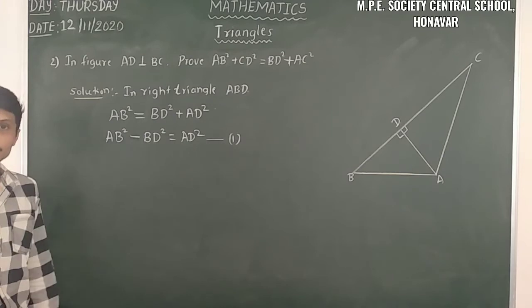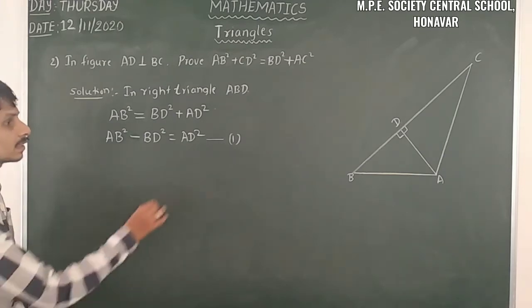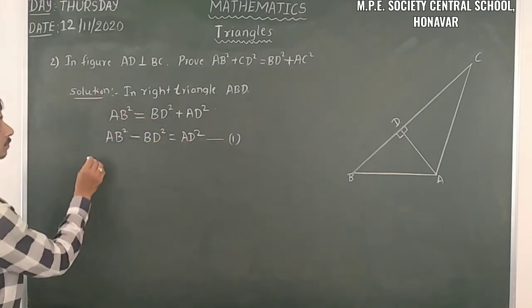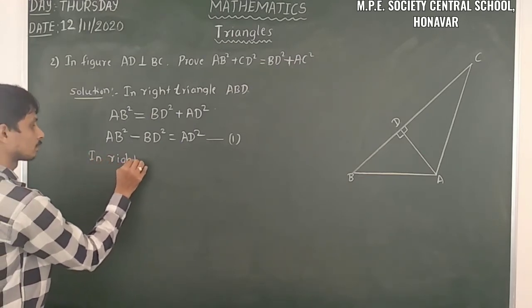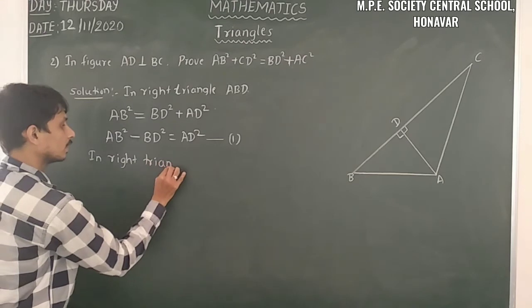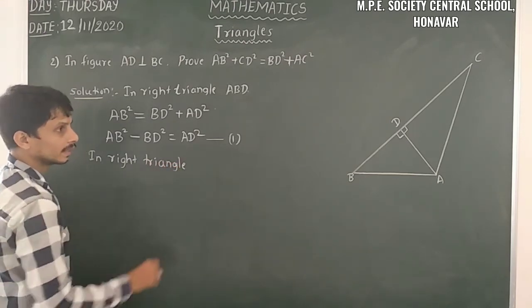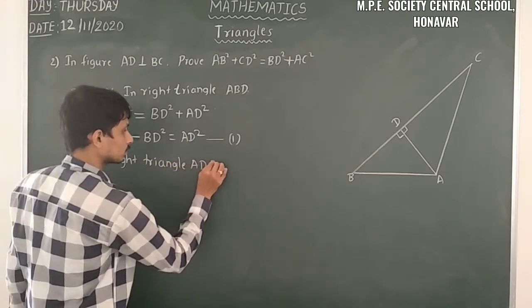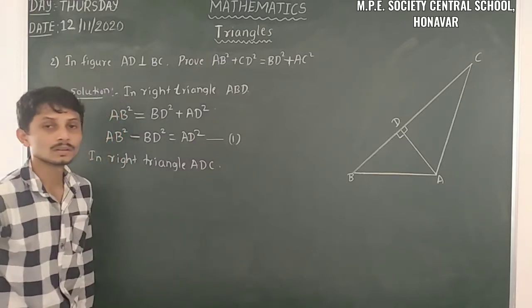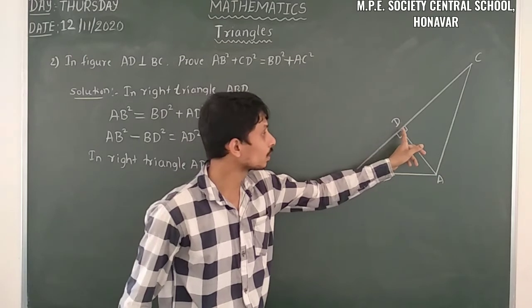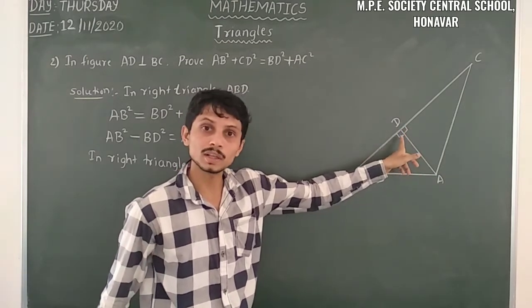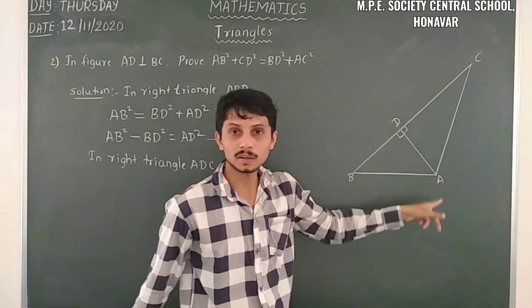Then let us consider another right angle triangle, that is ADC. In right triangle ADC, we have the right angle, so the side opposite to the right angle is the hypotenuse.